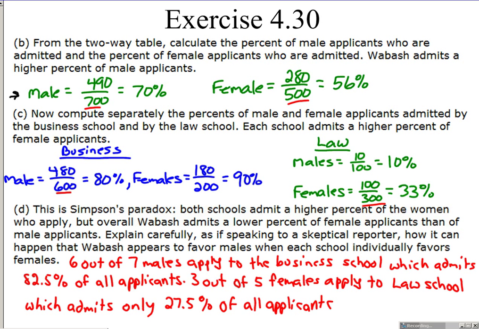So we can see that because there are a higher percentage of females applying to the law school, and the law school only admits about 1/4 of the students that apply, that is why when we combine the data and look at it, it looks like there are a higher percentage of males being admitted, when in reality there's a higher percentage of females within each school that are being admitted to the university.